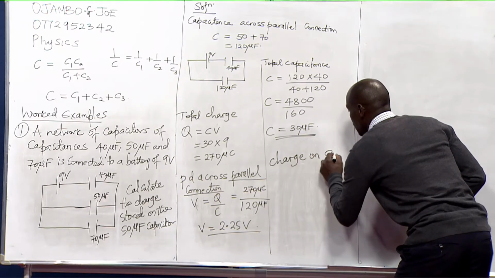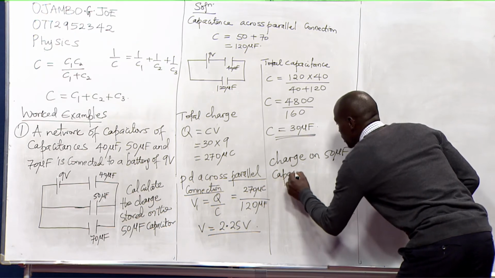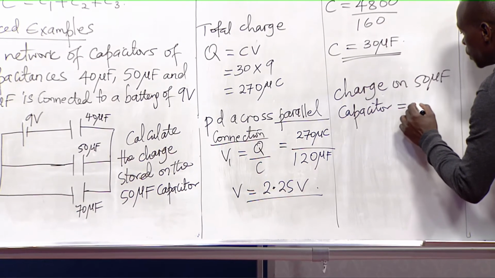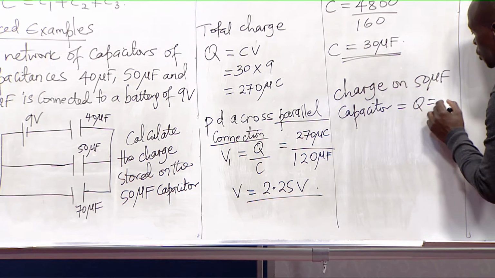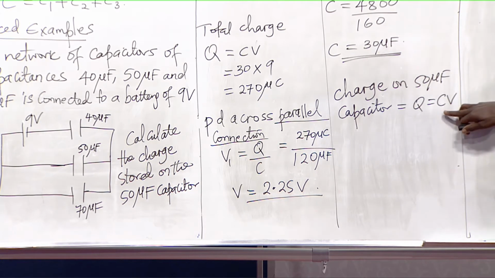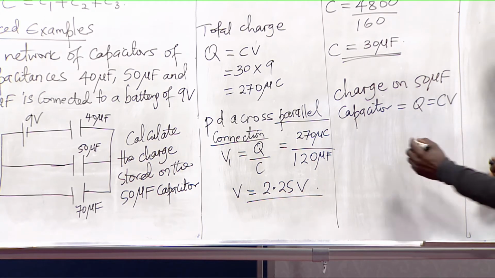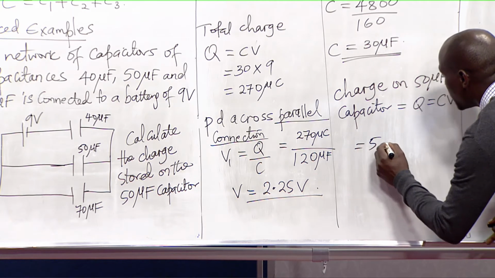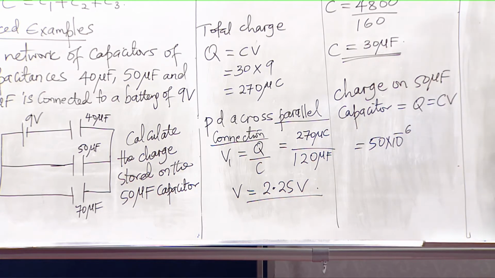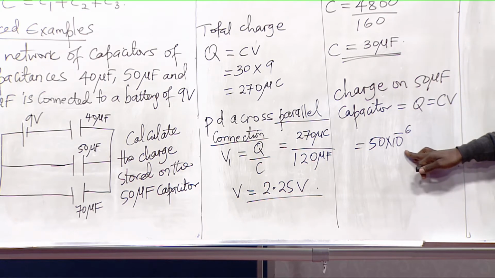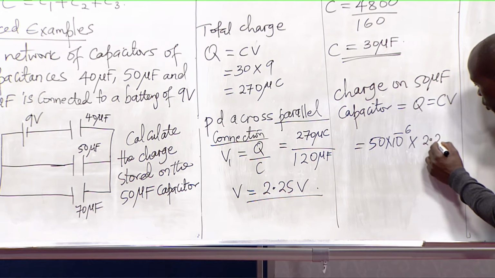So the charge on the 50 microfarad capacitor, that is the charge stored, is given by Q equals CV. The capacitance in question is 50. Since we want the final result, we can have it as 50 exponent negative 6. I have divided by 1 million, changing it to farads, times the PD, which is 2.25.